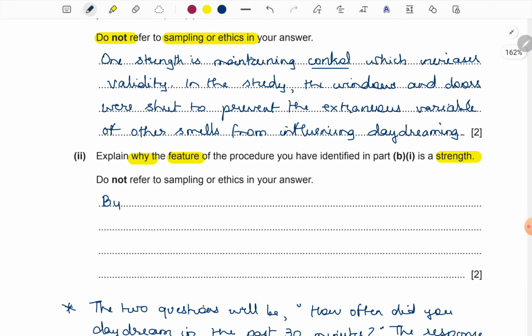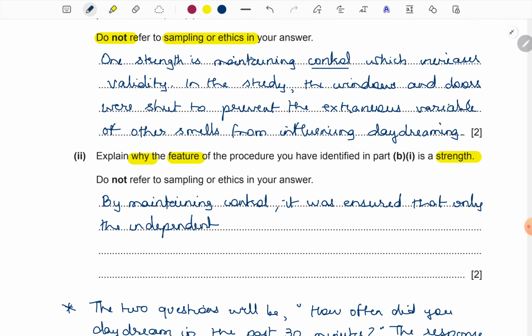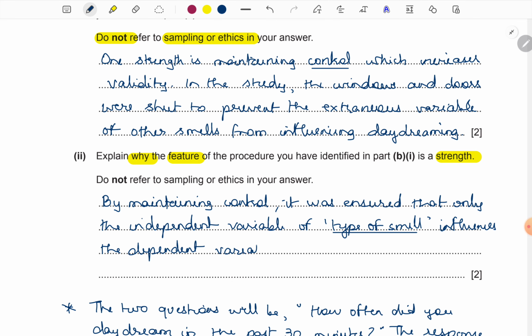So by maintaining control, it was ensured that only the independent variable of type of smell influences the dependent variable of daydreaming and no other confounding, or I can say extraneous variable.